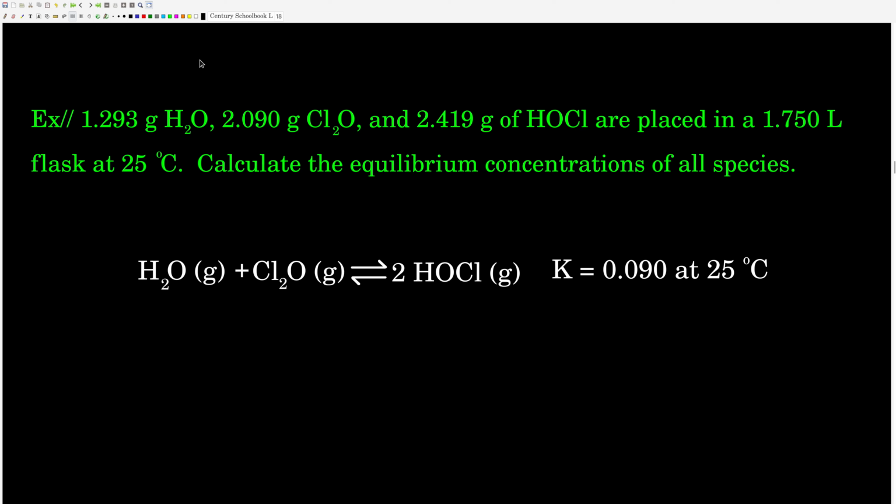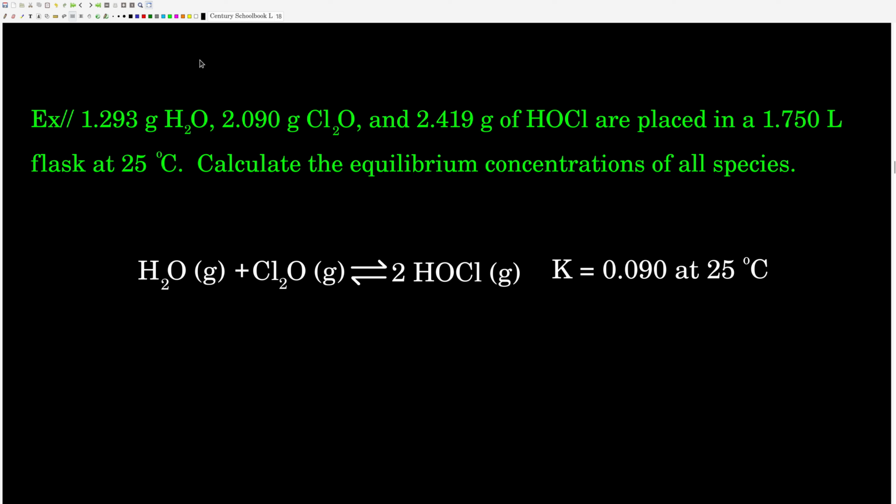All right, so another example. 1.293 grams of water, 2.090 grams of dichlorine monoxide, and 2.419 grams of hypochlorous acid are placed in a 1.750 liter flask at 25 Celsius. So that's giving you enough information to calculate the initial concentrations, right?